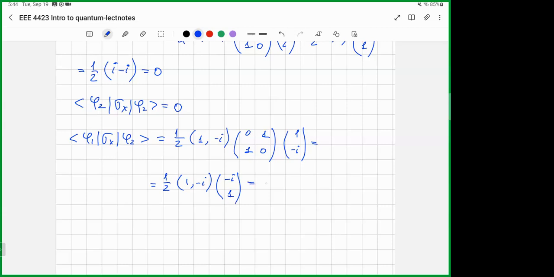Okay, and finally this gives us the inner product of two vectors: 1 times minus i, plus minus i times 1, which is minus i. Okay, so the result is minus i.